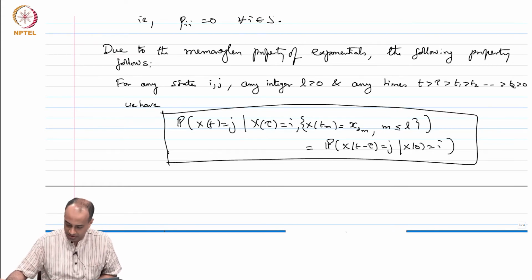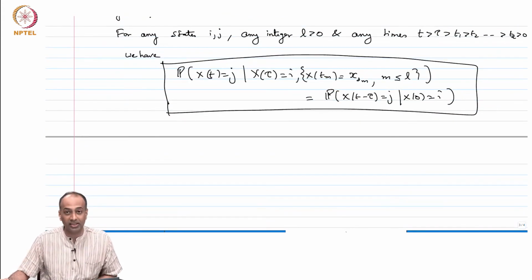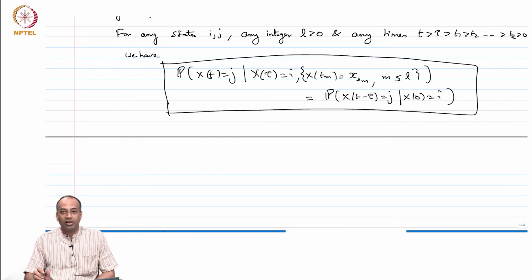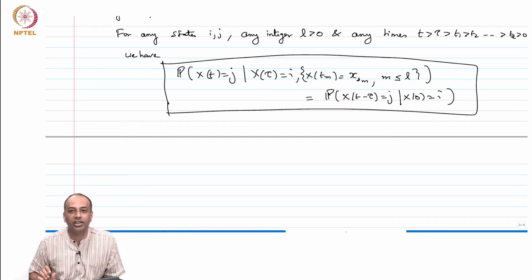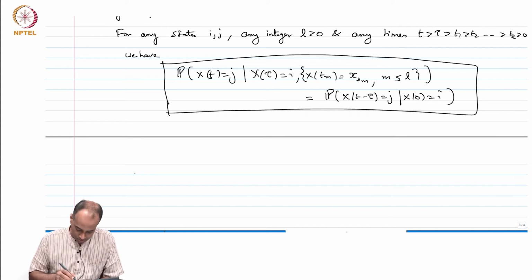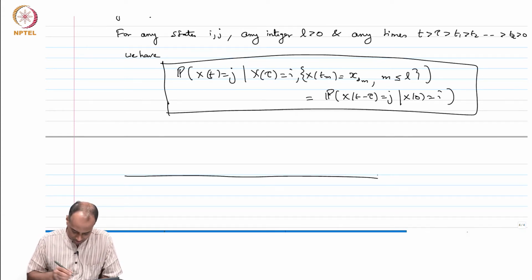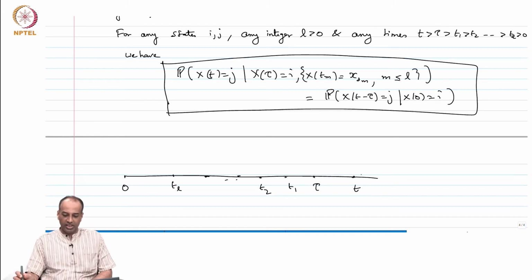So, what do we have here? This is again a Markov property in continuous time. That is why this is called a continuous time Markov process. What this property is saying, you can easily show. That is time 0. I am looking at TL, a whole bunch of times. So, let us say that is T2, that is T1, that is tau, and that is T. These are all various points in time.